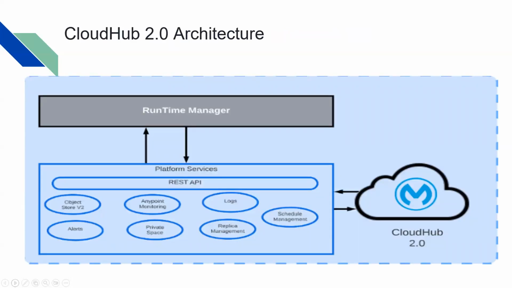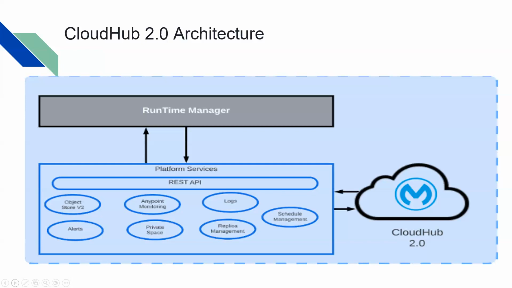So this is the CloudHub 2.0 architecture. We have Runtime Manager, through which we deploy and manage the application. Then we have platform services for coordinating the deployment, gathering application-related data or analytics, getting log data, and managing the replicas.